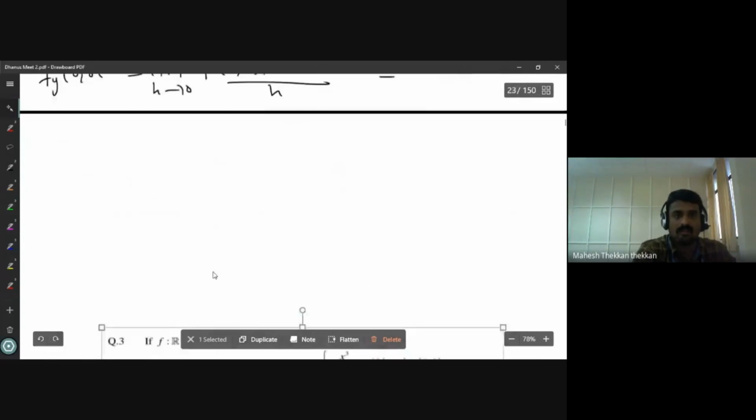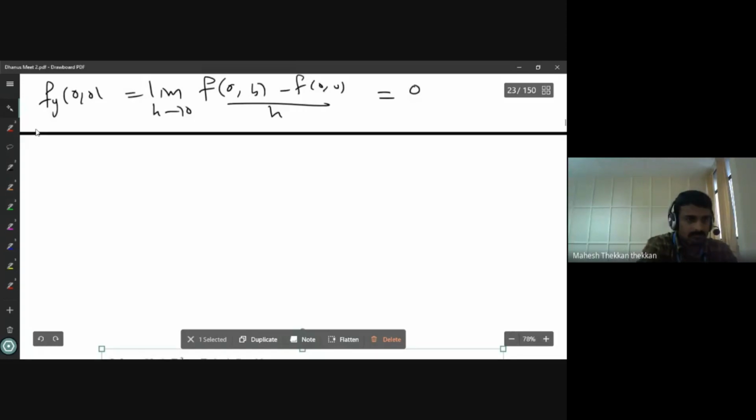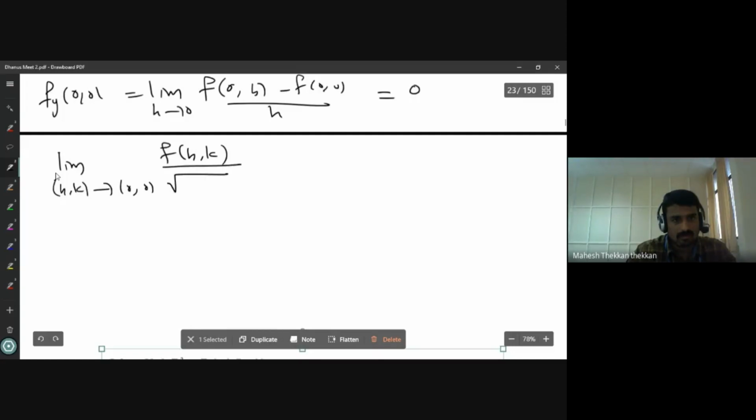So the only thing I need to verify is whether this value exists or not. I need to verify the limit hk tending to 0, 0, f of hk divided by square root of h square plus k square, whether this is 0 or not.